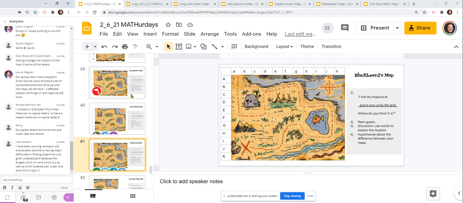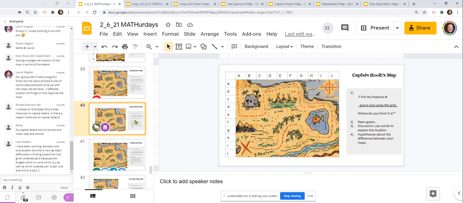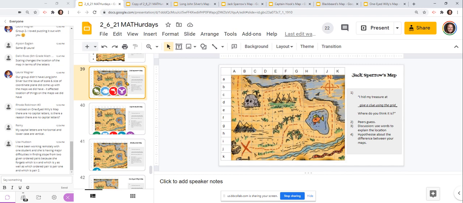One of them is to look between Captain Hook and where the fish's tongue is. The fish's tongue on Captain Hook is in the space between capital H and lowercase f. However, on some of the other maps, such as Jack Sparrow, it's at the intersection. And that's a major difference that we see in mathematics.